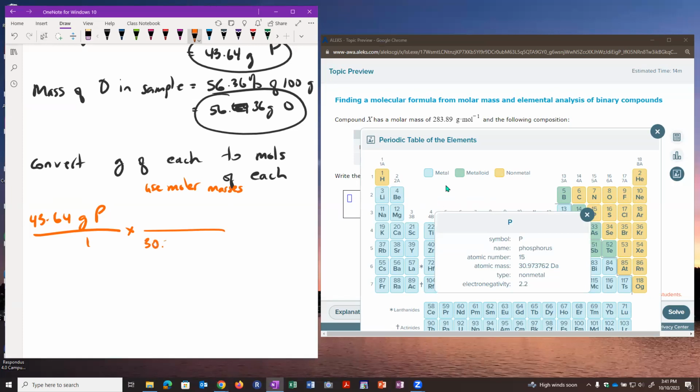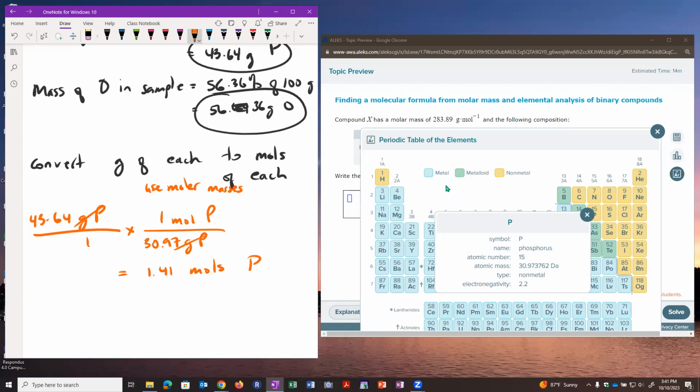I put the 30.97 on the bottom, for every 1 mole of phosphorus on top, grams go away. Then 43.64 divided by 30.97 is going to be 1.41 moles of P.